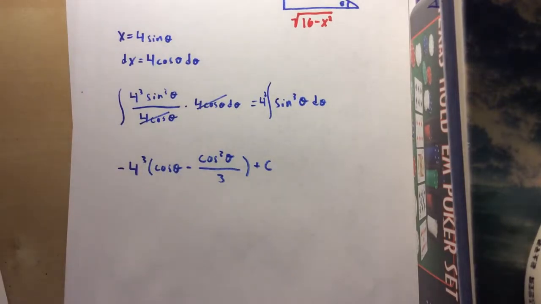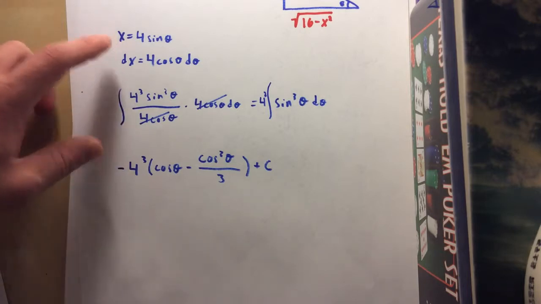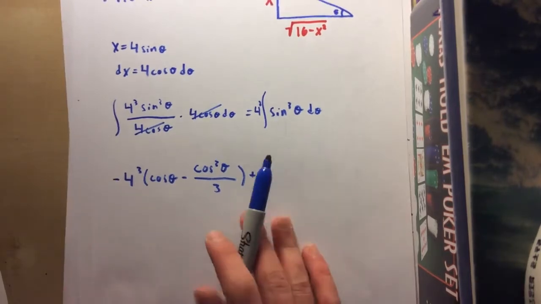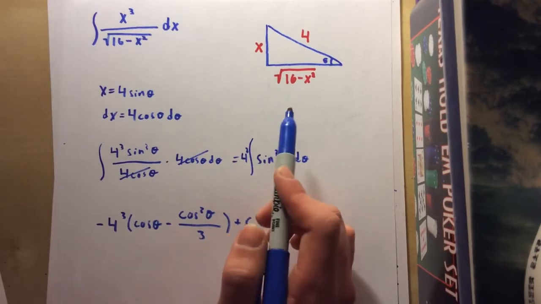And then remember, the last step of a trig triangle is to substitute these thetas back into x's. So cosine theta, what is that in terms of our triangle?